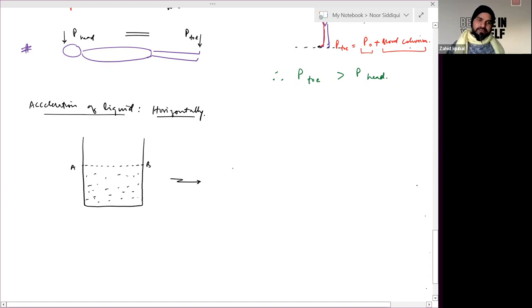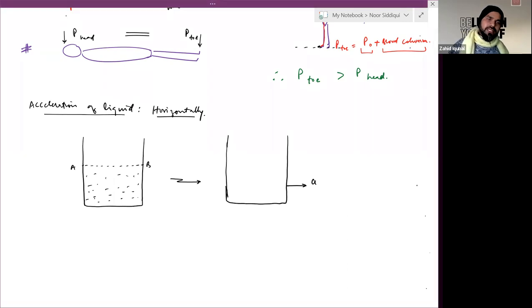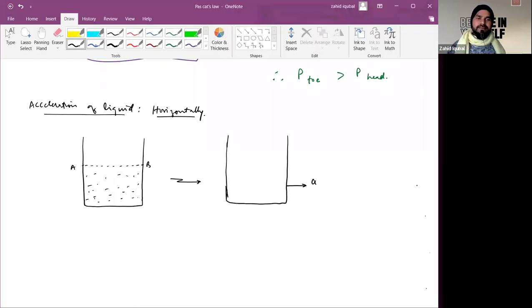Now, if this entire vessel is being accelerated towards right at some acceleration A, so what will happen to the level of liquid?